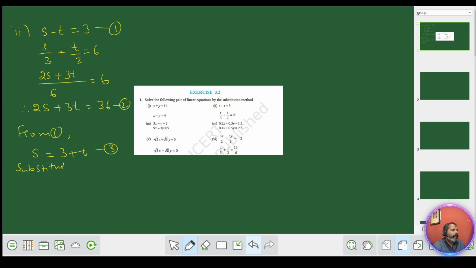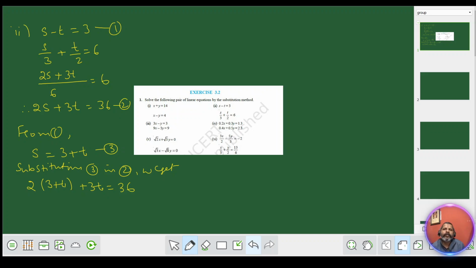Substituting 3 in 2, we get 2 times s, where s is 3 plus t, so instead of s we have taken the value 3 plus t. 2 times (3 plus t) plus 3t equal to 36.